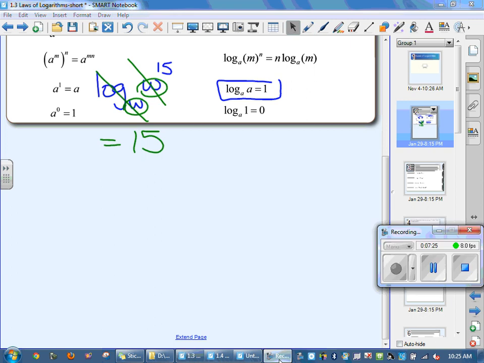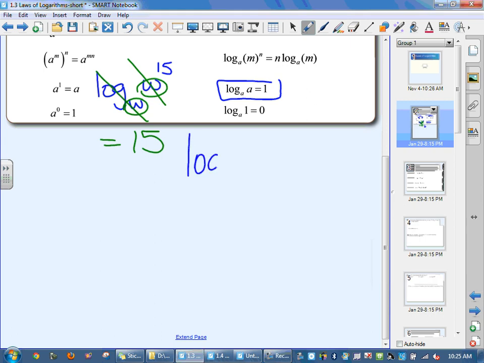Another example we could do could look like this. If I've got log base 6 of, let's say, 216, I want to simplify that. If I want to simplify that using the law right here, then I'm going to change 216 into the same base as my log base.